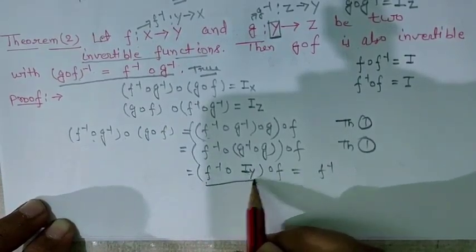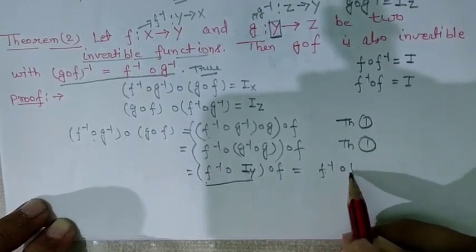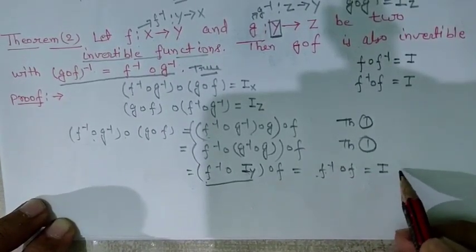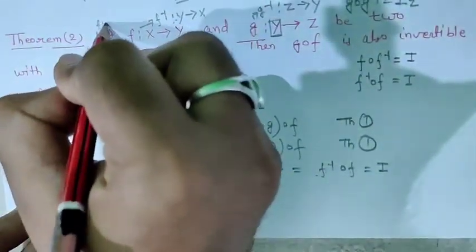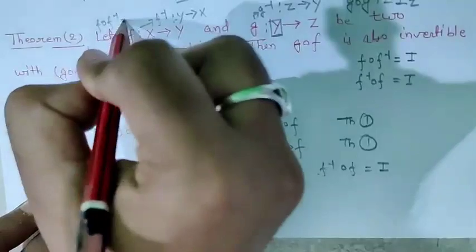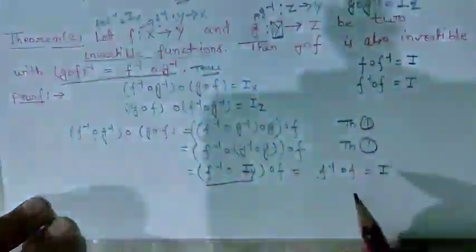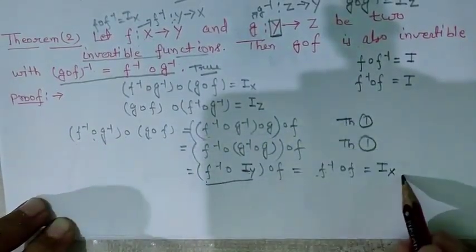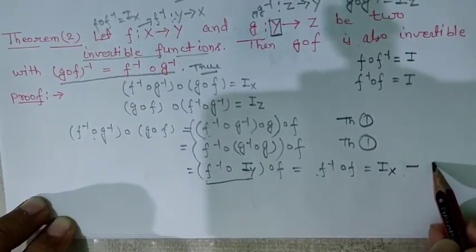If you compose this again, f o f inverse will give you I_X. So I_X will come here in place of this. So this is the identity function. We have got one.